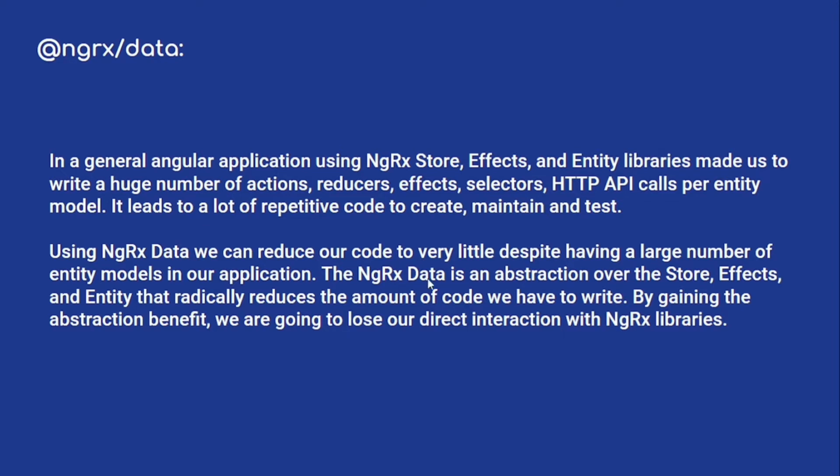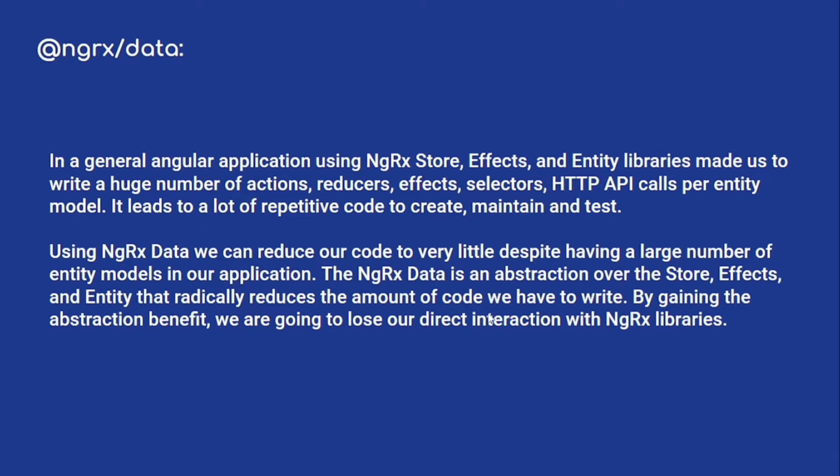So NgRx Data is the abstraction over store, effects, and entity that radically reduces the amount of code that we have to write. That is the main advantage of NgRx Data. It is very simple, and with a little amount of code, we can achieve state management in our Angular application.